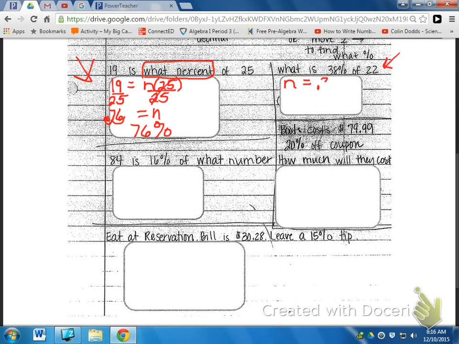Good. 0.38 times, because the of is times, and 22. Now this is one where if you look at the problem, it's telling you that n is those two numbers multiplied together. So honestly, all you do is multiply those two numbers together.